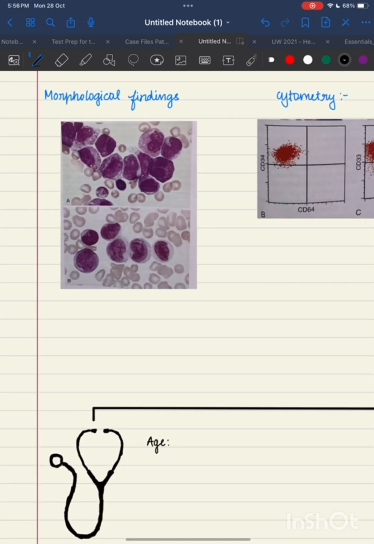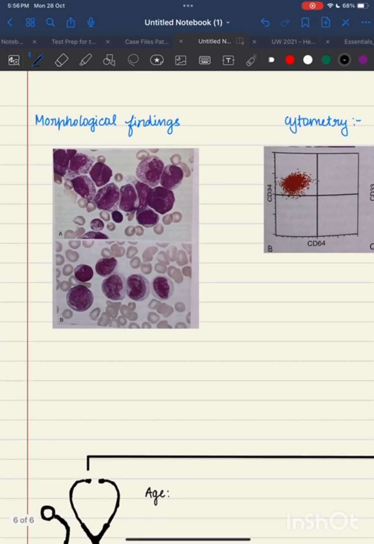Okay, next we are going to discuss morphological findings. First, a very important finding is Auer rods. What are they? They are needle-like azurophilic granules.